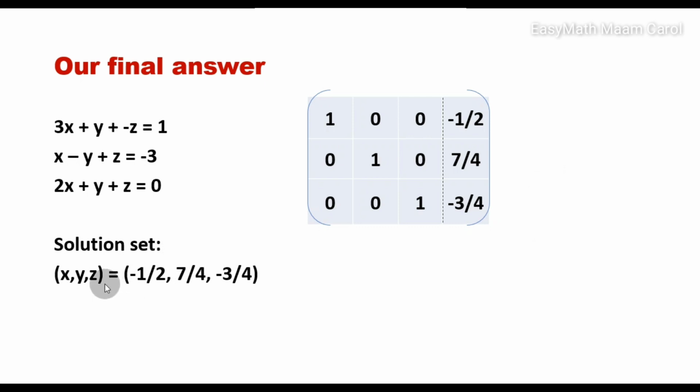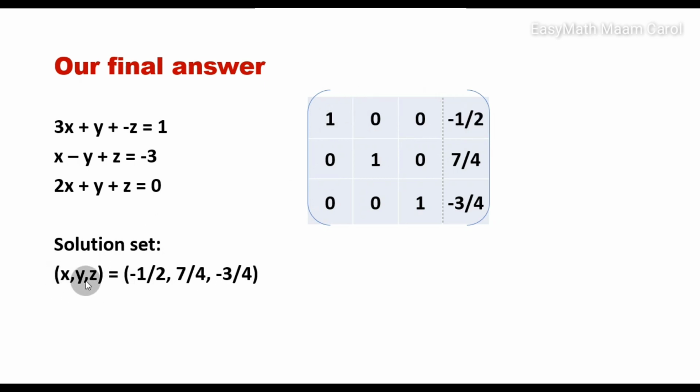So, the solution set would be, the first one here represents X, the second one represents Y, and the last one represents Z, kasi yun yung position niya, okay? So, tingnan nyo yung pattern na kung saan siya nakalagay. So, that's X, Y, and Z. And then, yung nakuha natin, so X is equal to negative 1/2, kaya yan yun.